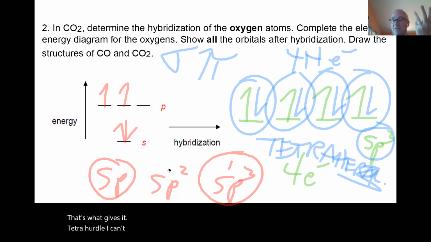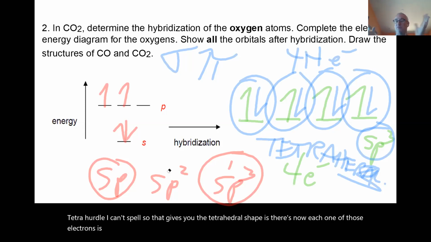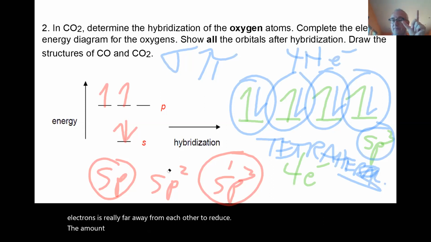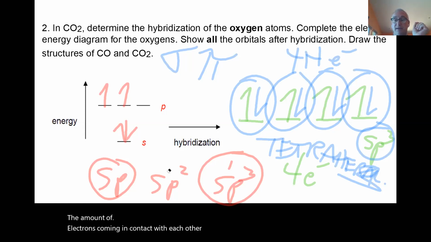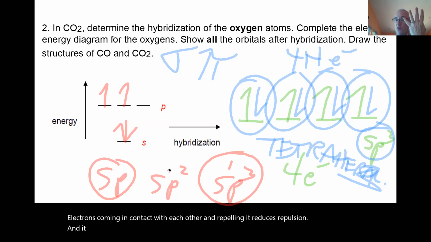So that gives you the tetrahedral shape, because each one of those electrons is really far away from each other to reduce the amount of electrons coming in contact with each other and repelling. It reduces repulsion. And it gives 4 places for hydrogens to share its single electron.